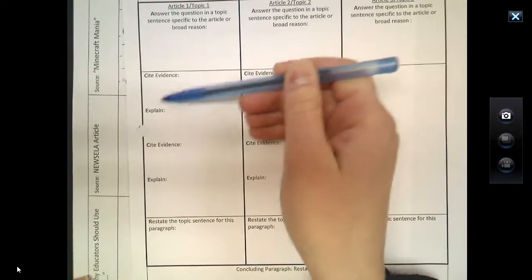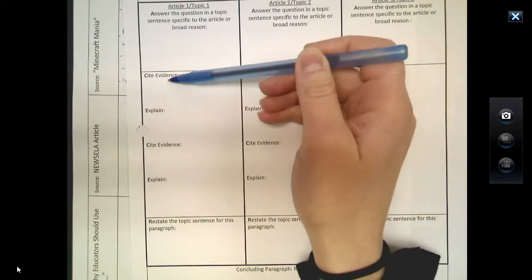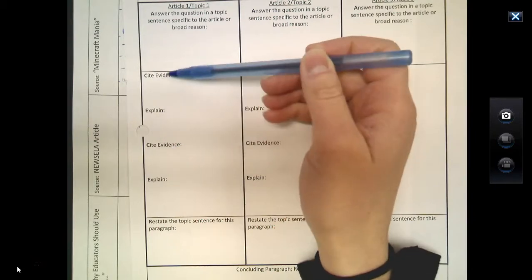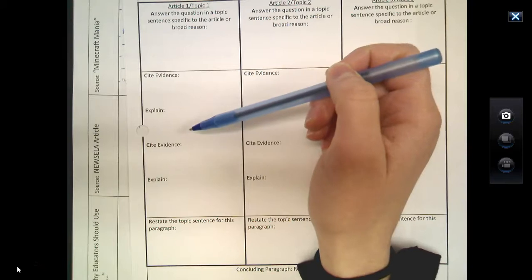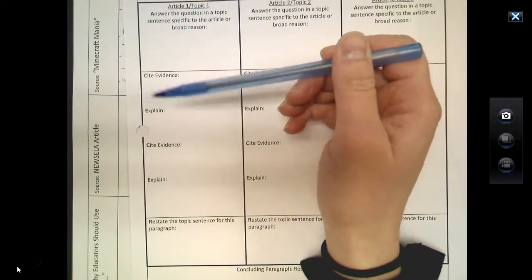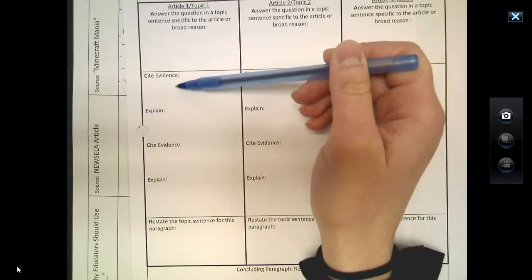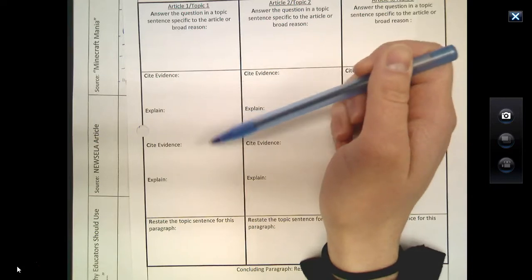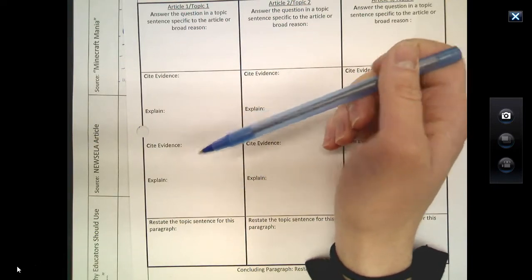So in this box, you only need to have 3 sentences. You can definitely go evidence, explain, and then you'll end up with 4 sentences. That's okay. But here's where it's flexible. You could also have 1 piece of evidence and then take 2 sentences explaining how the evidence supports what you're trying to prove.